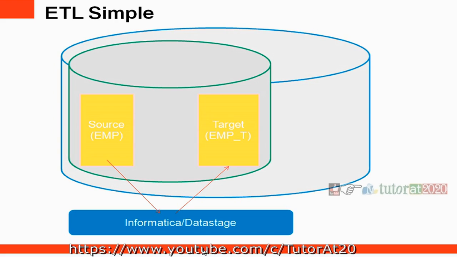I developed a program and am running the program here. When you run a program, it will be executed on this server, because you developed it here and are executing it here. In any ETL style of program, the data will always be extracted from your source to your ETL server.